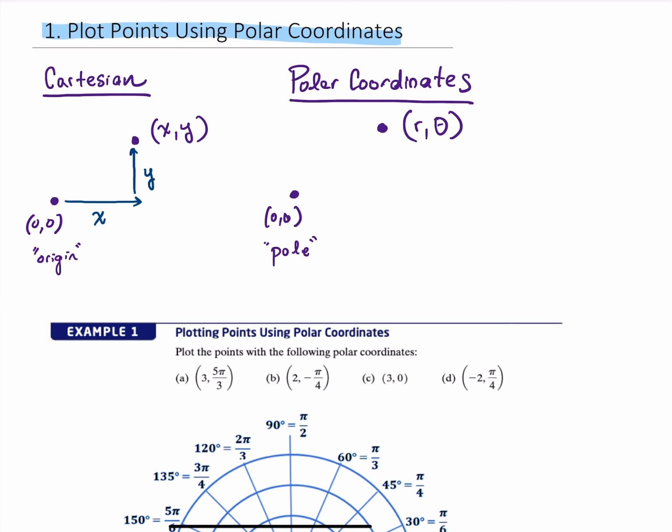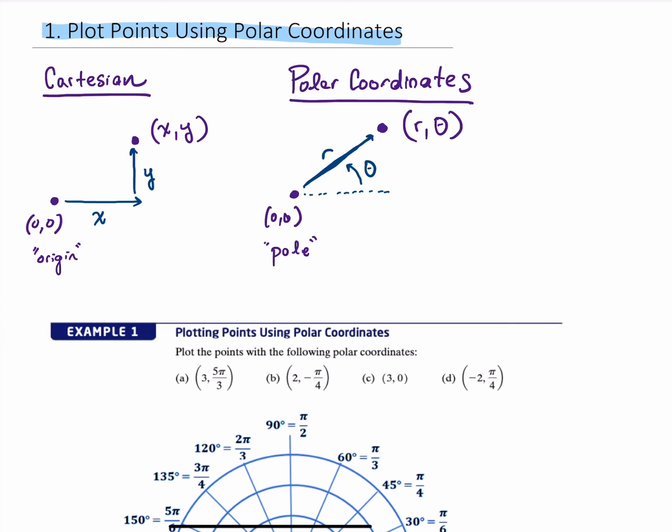We can call this value r the distance from the pole. So this straight distance we can call r. And then, just like we're plotting an angle in standard position on what we would call the polar axis, we can rotate some angle theta away from the polar axis, and that will place our point at the right position in space.